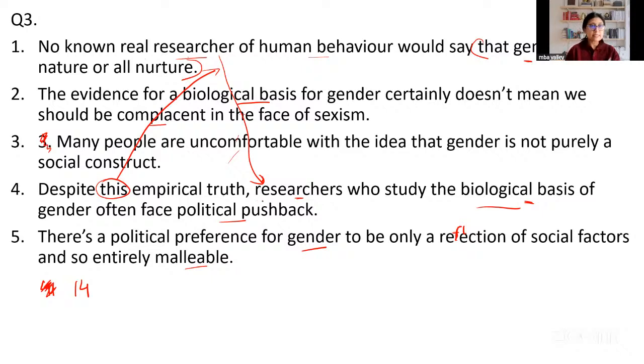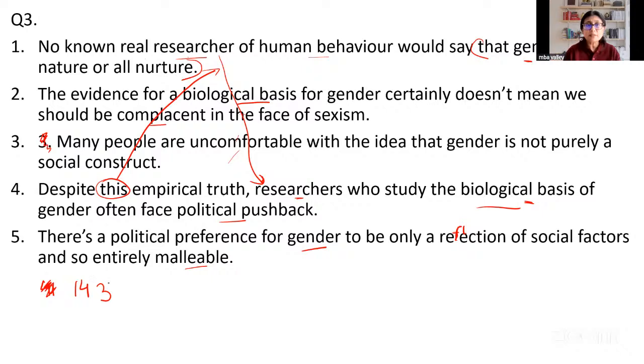And then comes sentence number 3, which says, जो 4 में दिया है उसी का और build-up है. Many people are uncomfortable with the idea that gender is not purely a social construct. Sentence number 3 kind of develops on sentence number 4, where it highlights why researchers studying the biological aspect of gender face resistance.